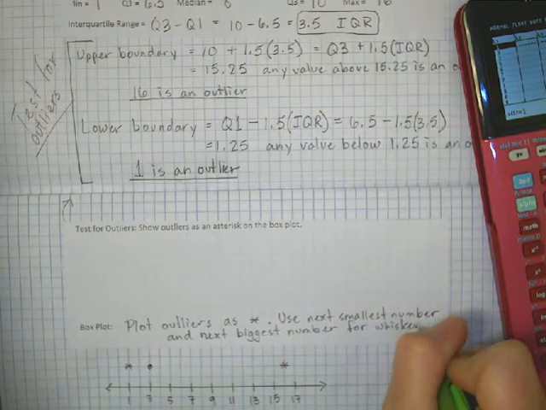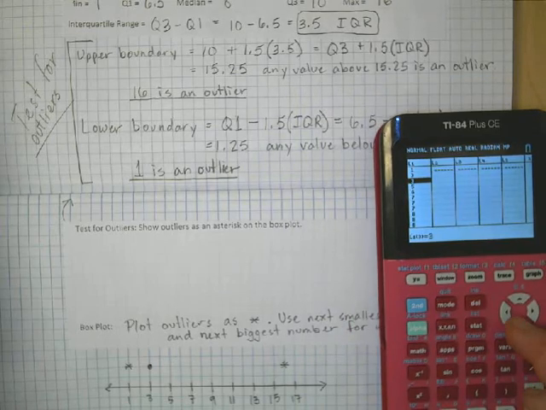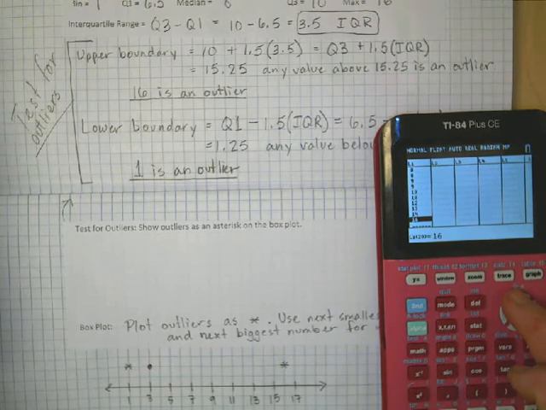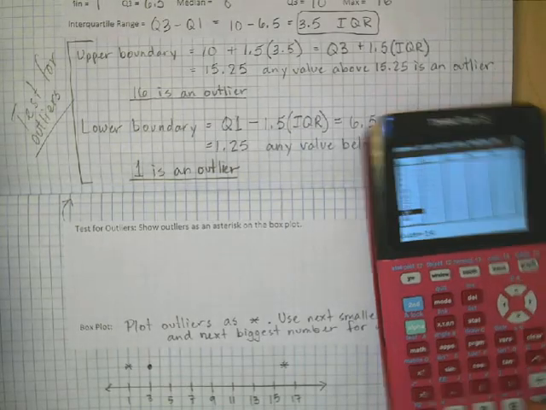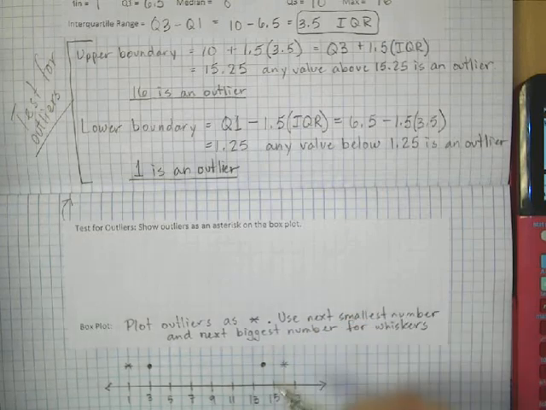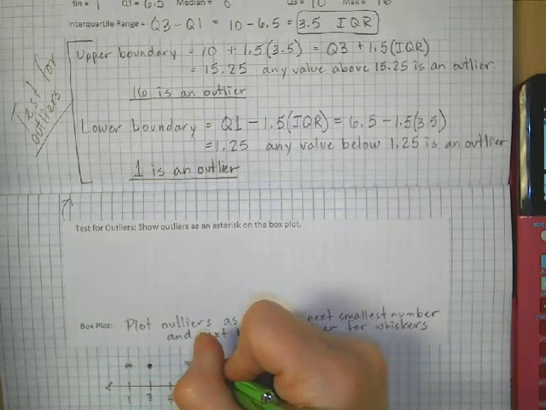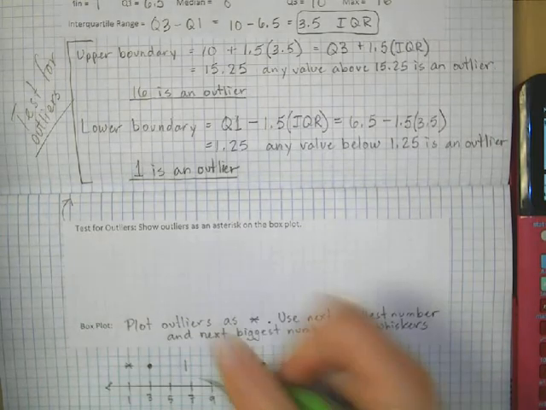Okay. All right, so what was the next biggest number? Again, I can go to my sorted list, see after 16, what was my next smallest? The next smallest was a 14. So I'm going to put a dot at 14. And then I do my Q1, my median, and my Q3 like normal. My Q1 was 6.5. That would be right here. My median was 8.